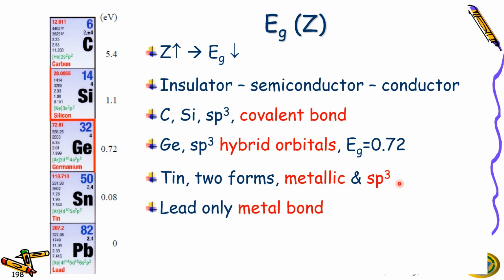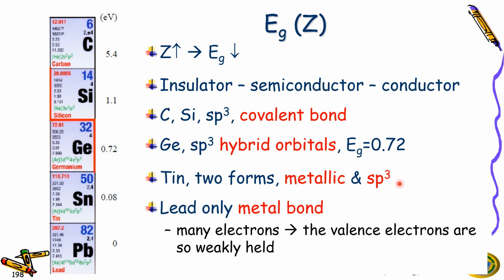Lead is totally a metallic bond. Why? Because the valence electrons are so weakly held. They are too far, n equals 1, 2, 3, 4, 5, very far away from the nucleus. So you have many free electrons.